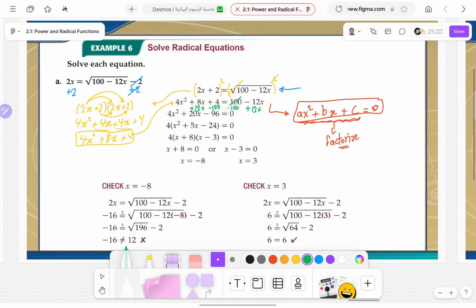Now we cancel 100 with -100 and -12x with +12x, so it becomes 0. Now 4 minus 100 is equal to -96, and 8x plus 12x is equal to 20x. Okay, I hope you understand this step. Then, as you can see, you can use a calculator.